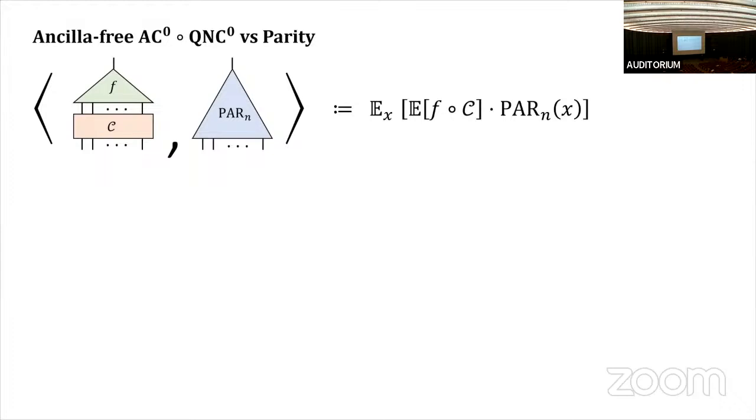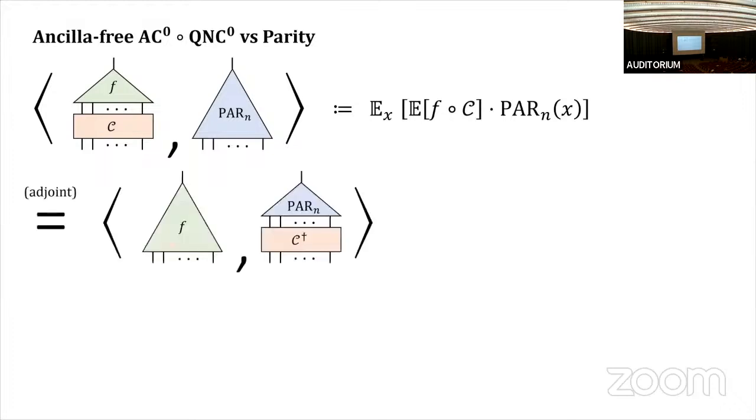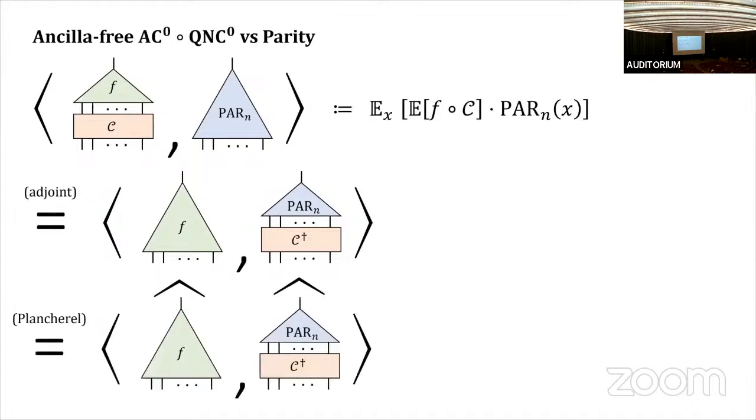So the first step in the proof is to note that when C is itself a unitary, we can take the adjoint and take C, flip it around, and precompose it with the parity function. So these two inner products are equal to each other. And then I promised that there would be Fourier analysis, so we have to use Plancherel. So there it is, just put the hats.